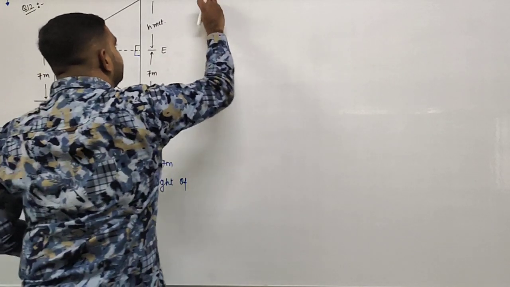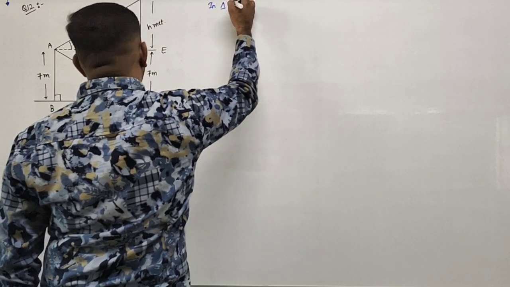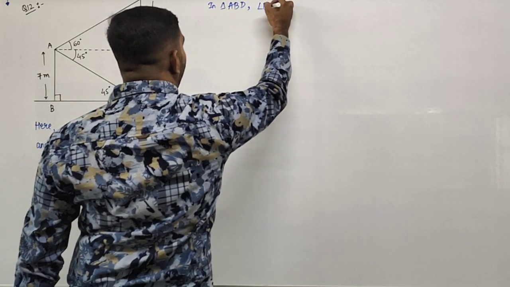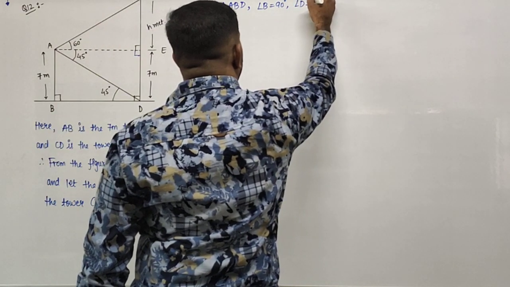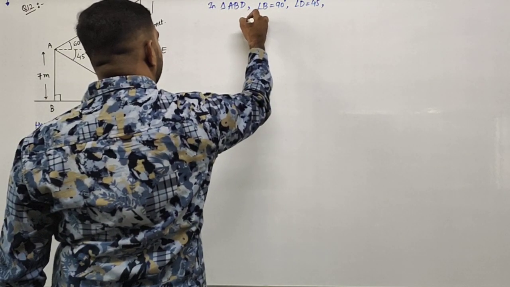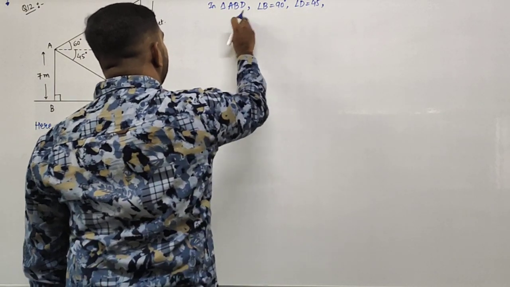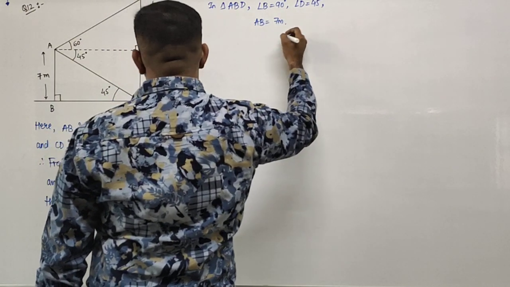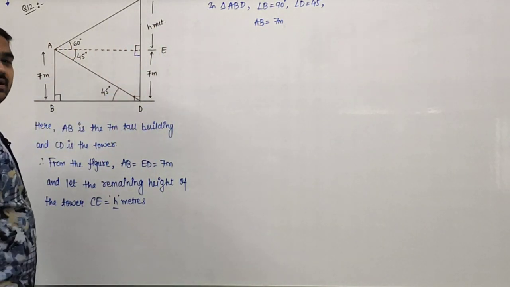So in triangle ABD, angle B is equals to 90 degrees, angle D is equals to 45 degrees, AB is equals to 7 meter. Right? What is the value of AB? 7 meters is given, the height of the building. And BD we don't know, so we find BD, which gives us the reference between BD and AE.